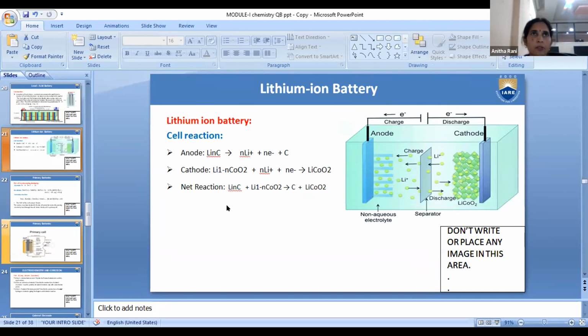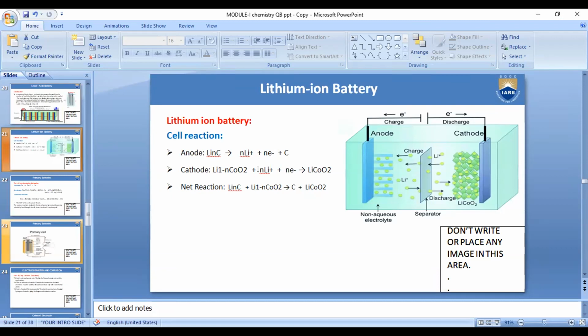During charging, the lithium ions move from cathode to anode, and the flow of electrons is from cathode to anode.